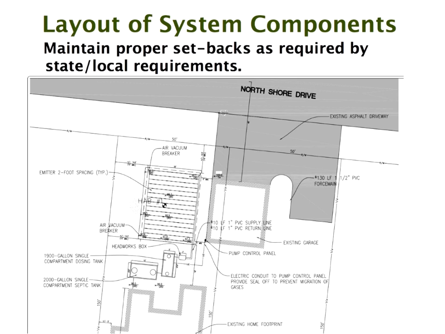And our code doesn't specifically address drip irrigation, but there is a section in the code that references using alternative treatments that provide equal or better treatment than what we do permit. So one of the types of alternative methods that we've approved has been drip irrigation for final disposal.